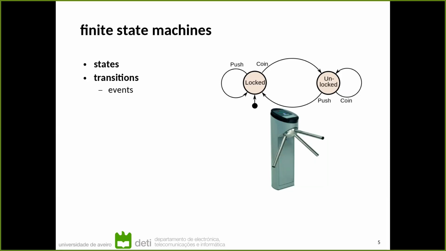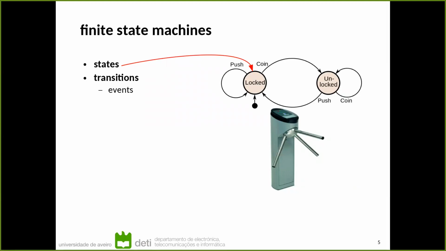Finite state machines are representations of the system that rely on three concepts, which is the concept of state. In this case, I have a turnstile.